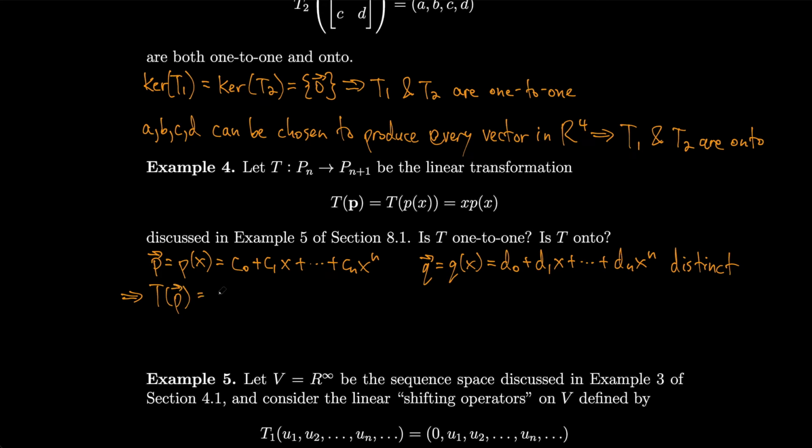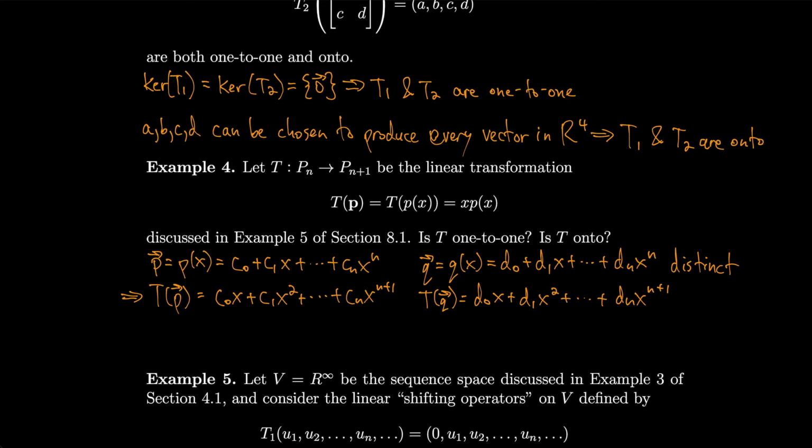Okay, so these are distinct, and that means that if I look at T of p, that must be c0 times x plus c1 times x squared, and so on, through cn times x to the n plus 1, because we're just multiplying everything by x. And similarly for T of q, that'll be d0x plus d1x squared, and so on through dn x to the n plus 1.